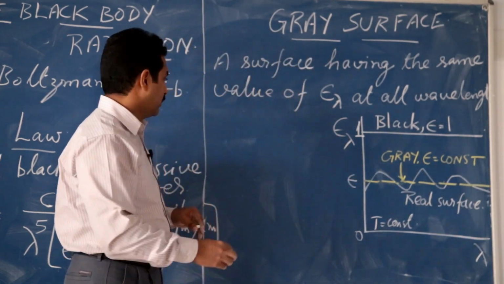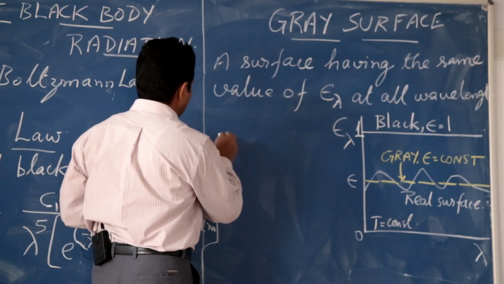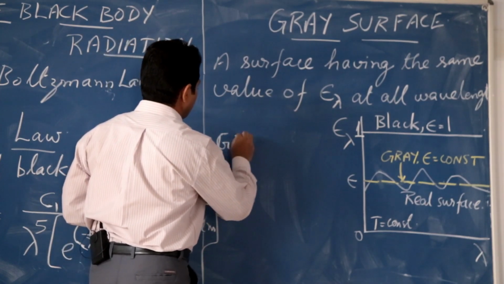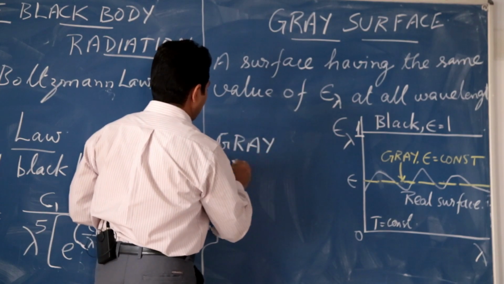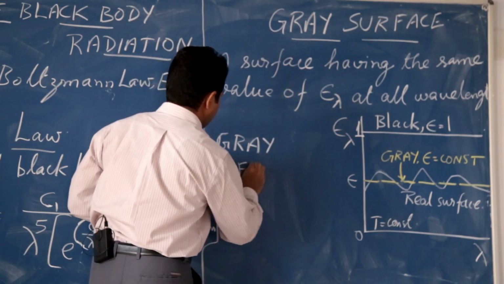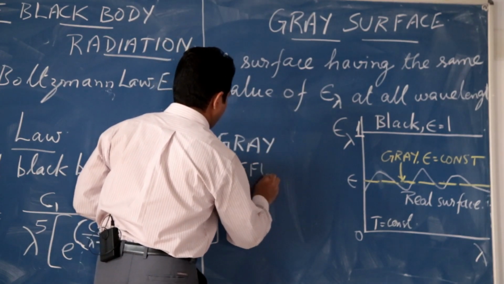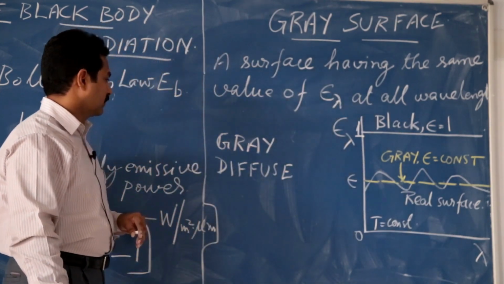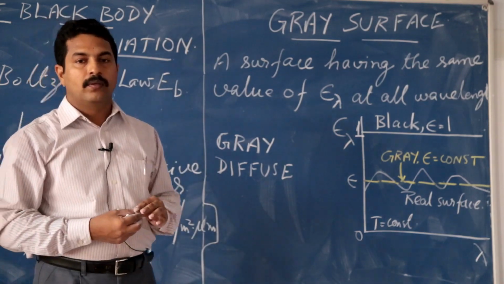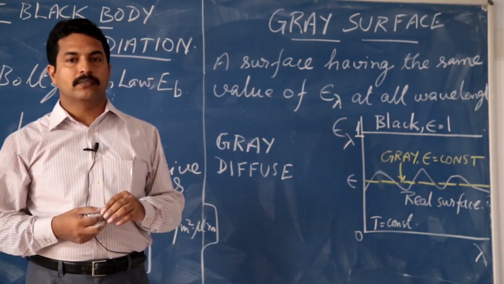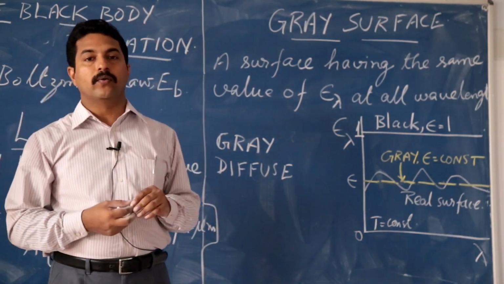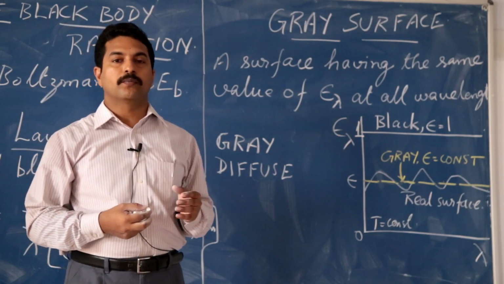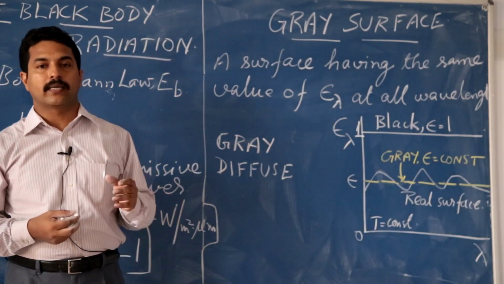We always encounter a surface like this, so what is the meaning of a gray and diffuse surface? Gray means it is independent of the wavelength, and diffuse means it is independent of the direction.